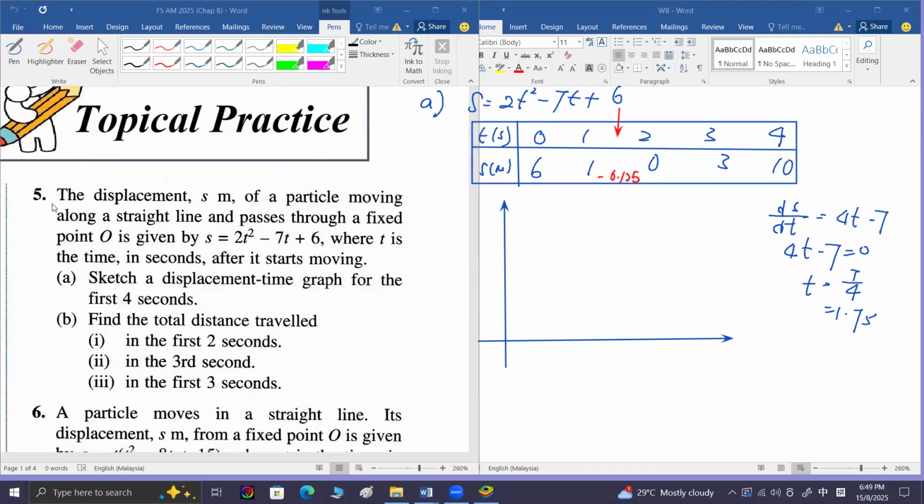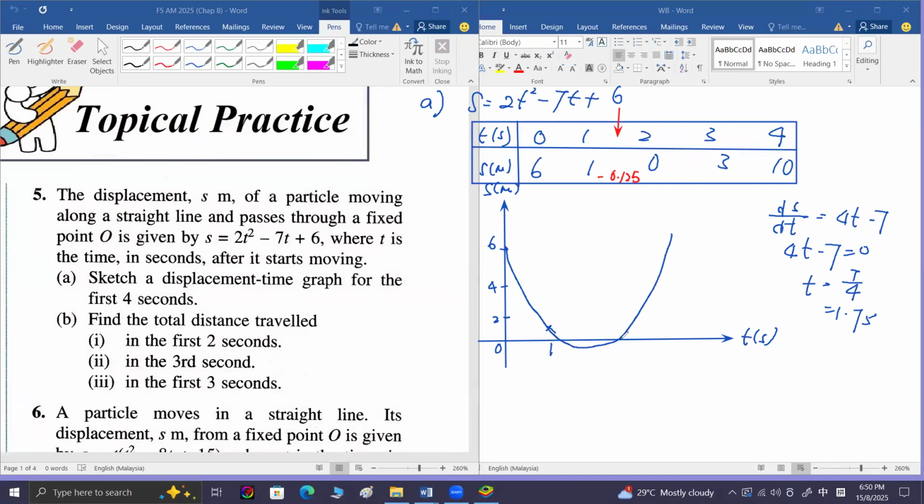So see how I sketch again, George? From 6, same as just now, it goes down a little. So here, when t is 0, you got 6. T is 1, you get 1.